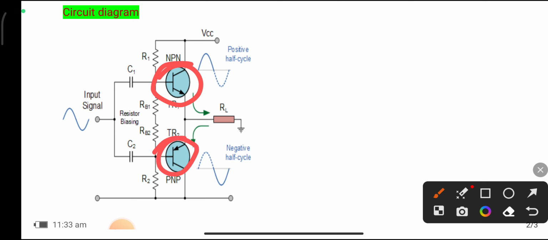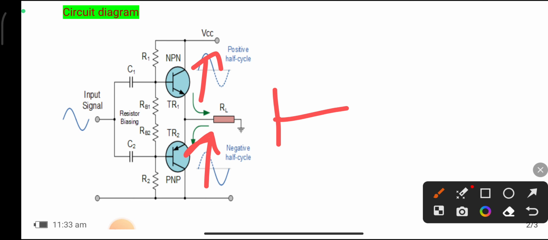So the negative half cycle is amplified by the PNP transistor, TR2. In this condition the current direction is like this. Overall, the load resistor combines these two waves and produces a single combined wave at the output. So it is a class B push pull amplifier, non-transformer, it does not contain transformers.